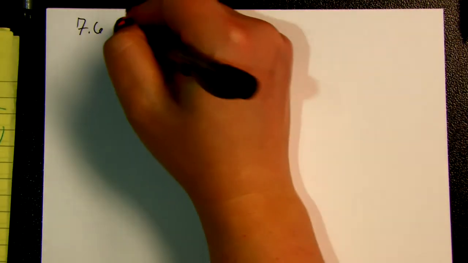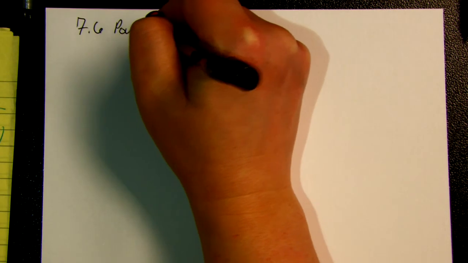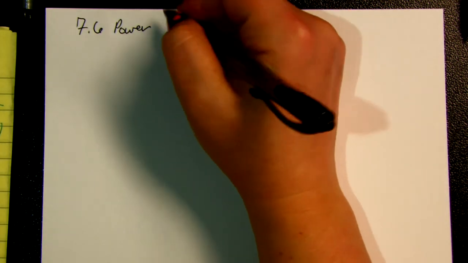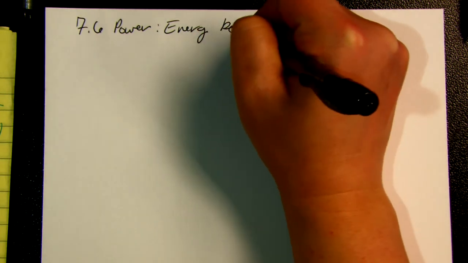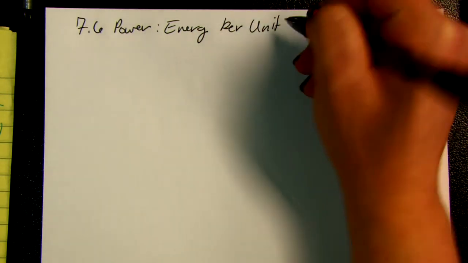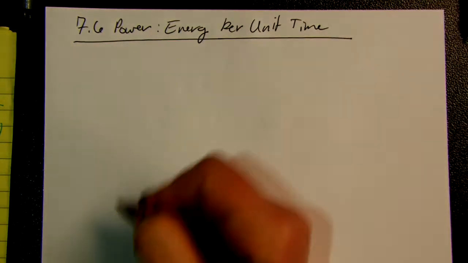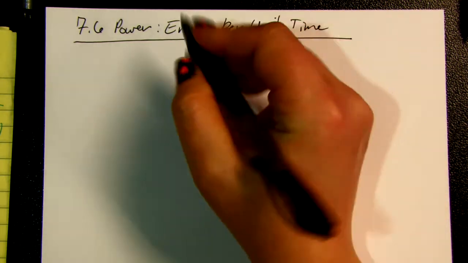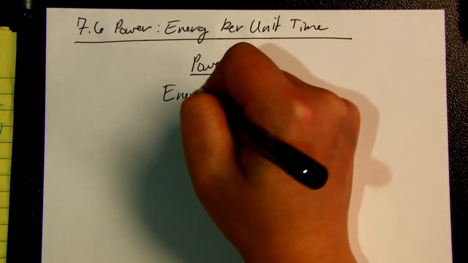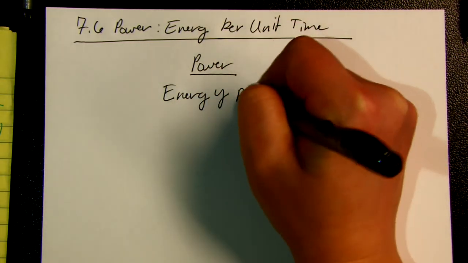All right, so moving along in chapter 7 to power, which is energy per unit time. So, power. The definition of power, which I've already written out, but I'm going to make this very explicit: energy per unit time.